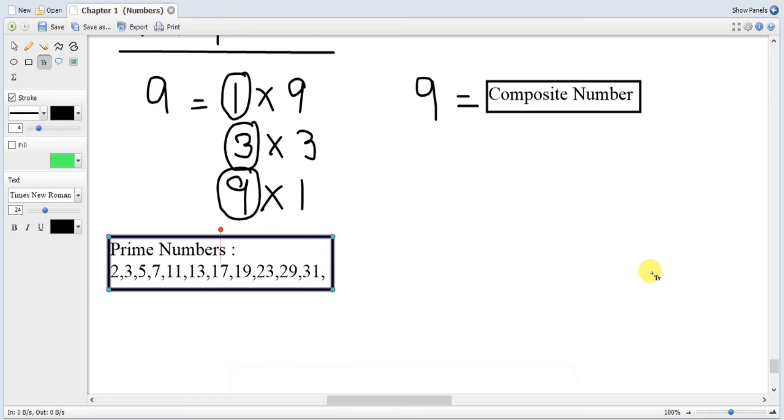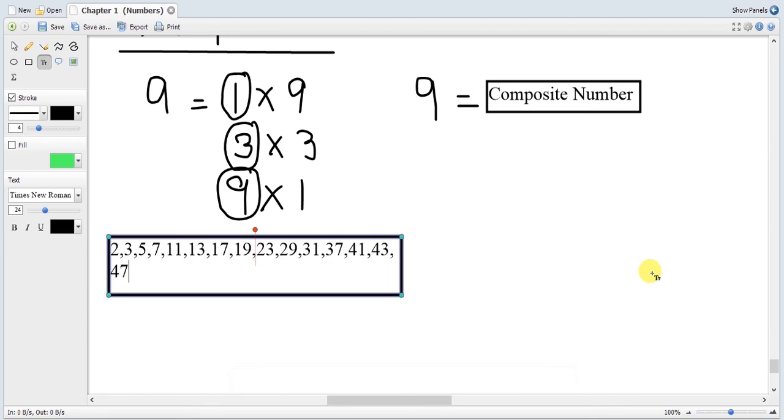Then 37, then 41, then 43, and after that 47, and so on, right?